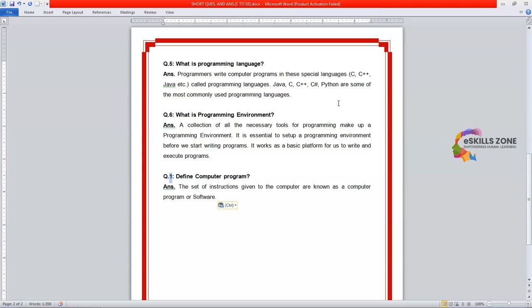Next number 7. And the question is, what is an integrated development environment?